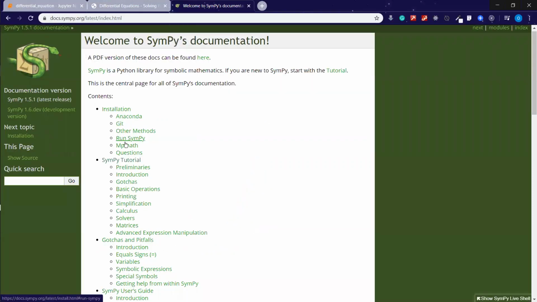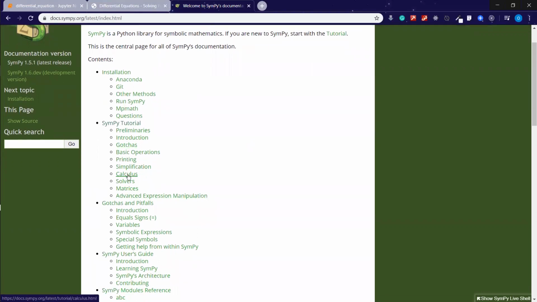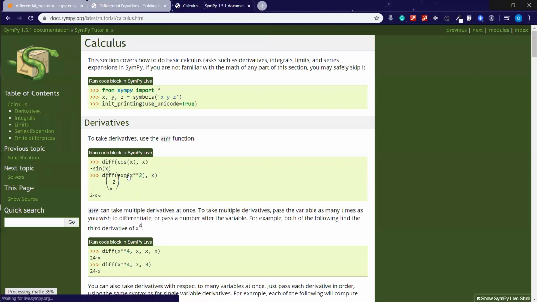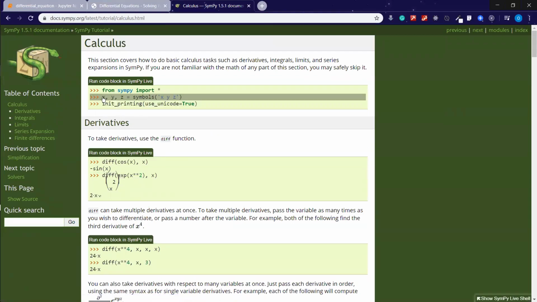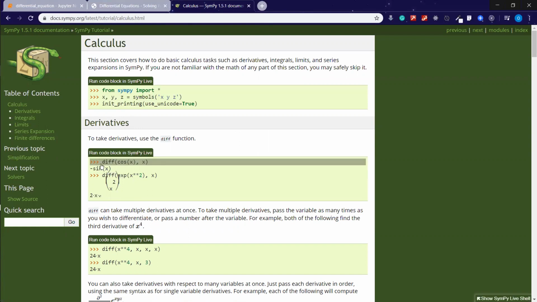So you can install that and go through some tutorials, like calculus. You can see how symbols were defined, how everything was imported, just like we did, and how to differentiate.